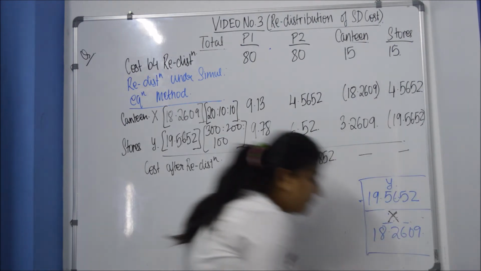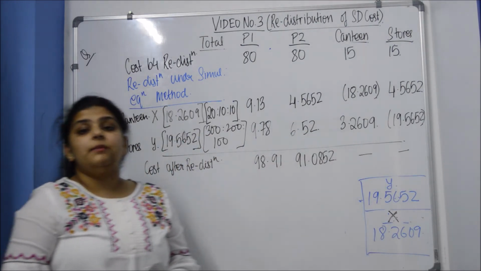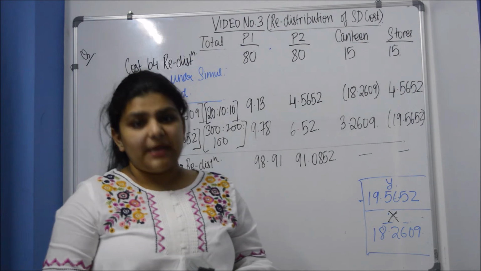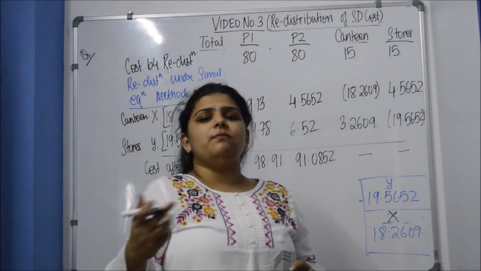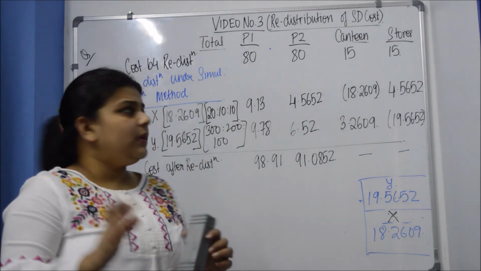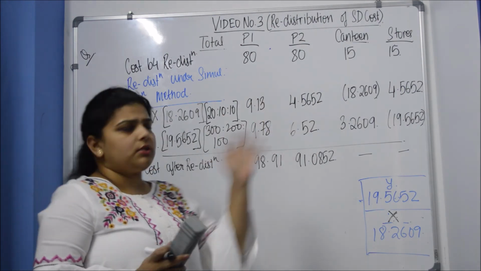Now, coming to the fourth method, that is repeated distribution method. Repeated distribution method is very simple. We are not going to find out any equation, nothing.